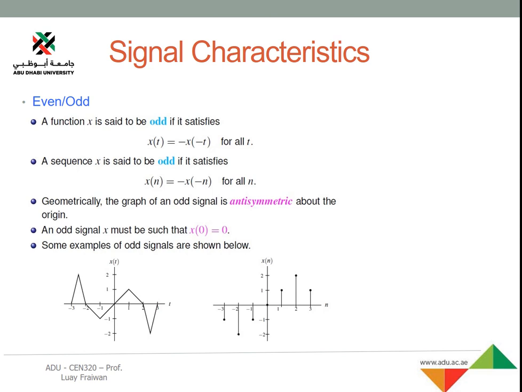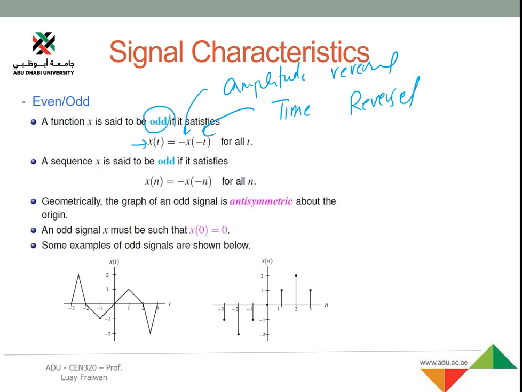Then if you have the opposite, where first you are doing the time reversal and then you are doing the amplitude reversal, and you get the original signal, then that signal will be an odd signal. So this is an example of the odd signal. In this signal, first you have to do the time reversal.